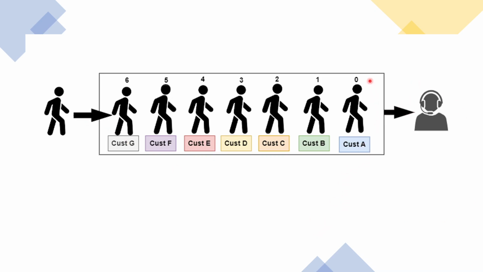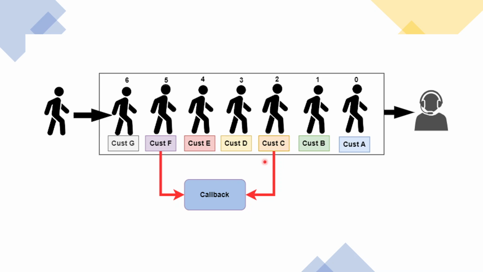On the top, I have mentioned each and every customer's position. Let's assume that customers C and F are very busy customers. They have a lot of work. They are at work or somewhere else, so they don't want to be on the call all the time. They are thinking that they don't have to wait in the queue.